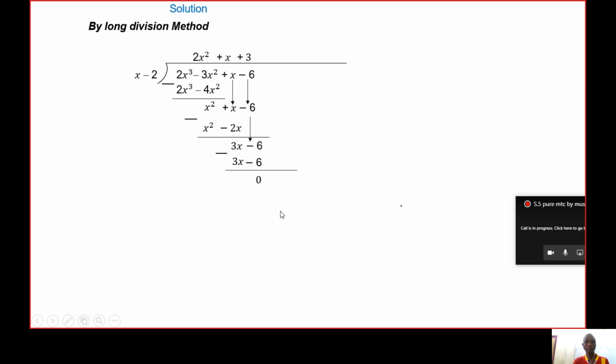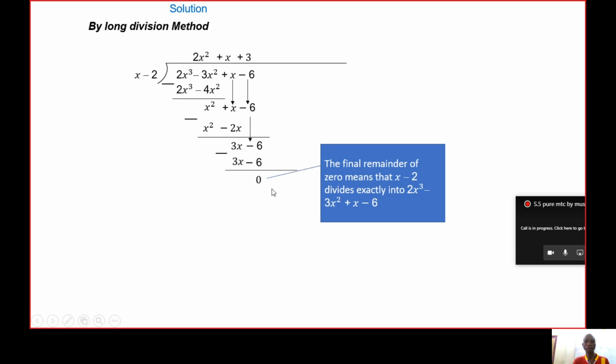So the final remainder is 0, and there's no way we can divide further, so we stop there.